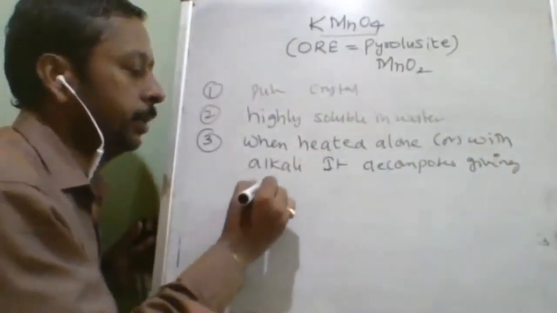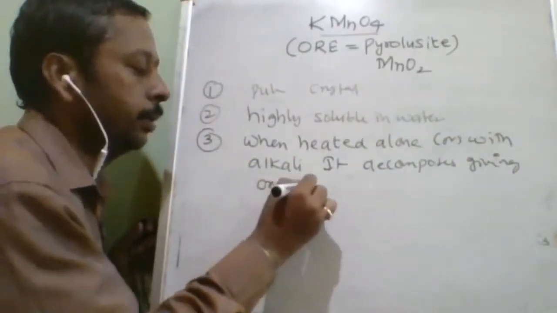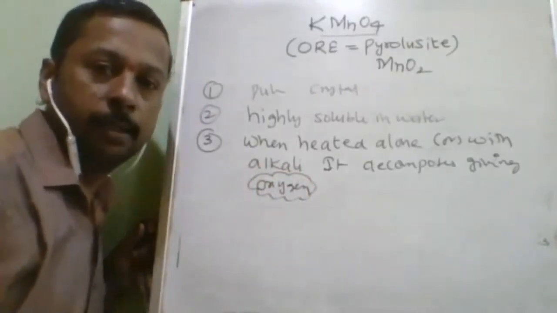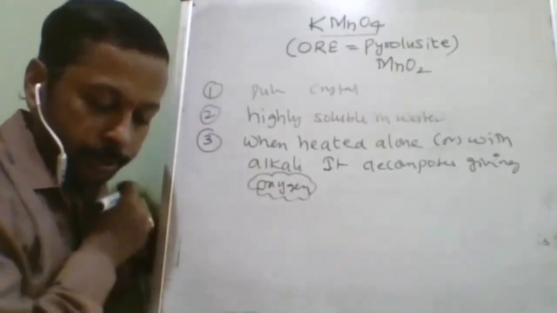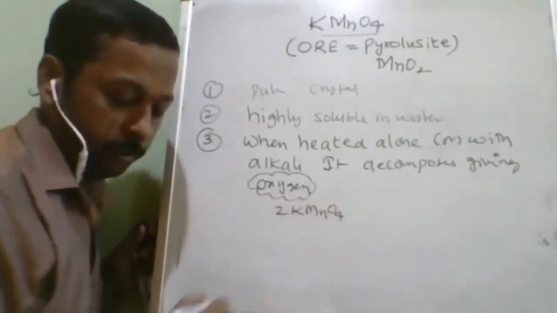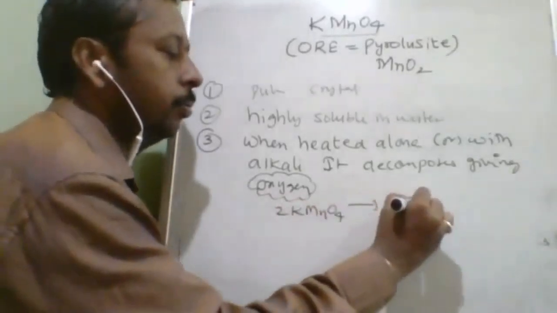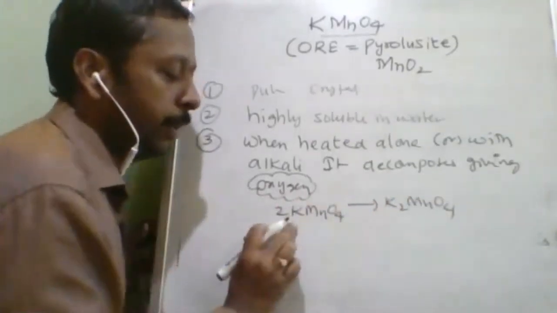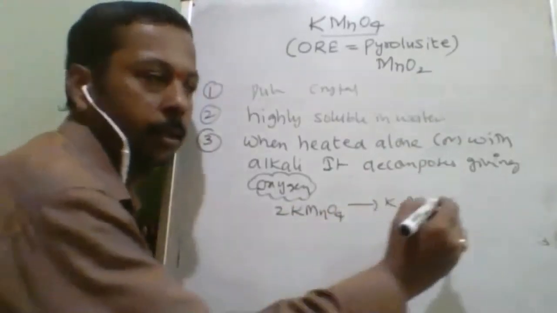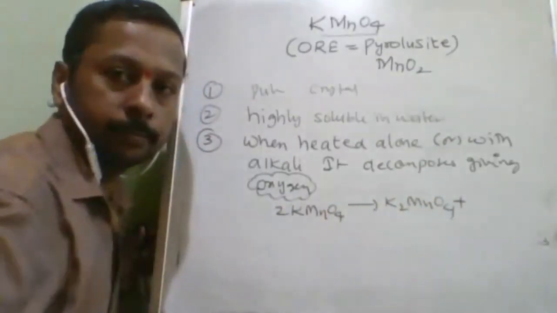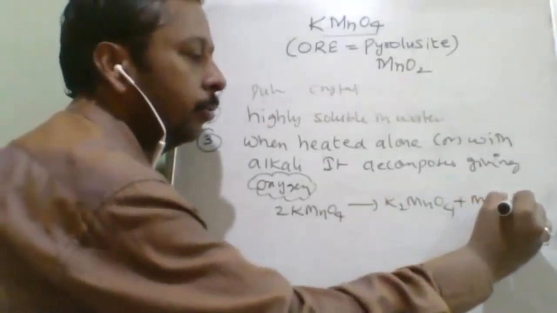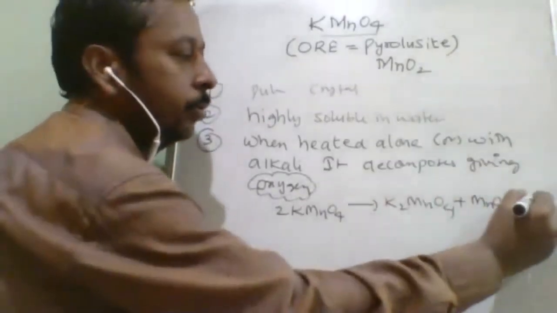Potassium permanganate is an oxygen rich compound. 2KMnO4 gives K2MnO4, potassium manganate; permanganate is converted back to potassium manganate, plus MnO2 plus O2.